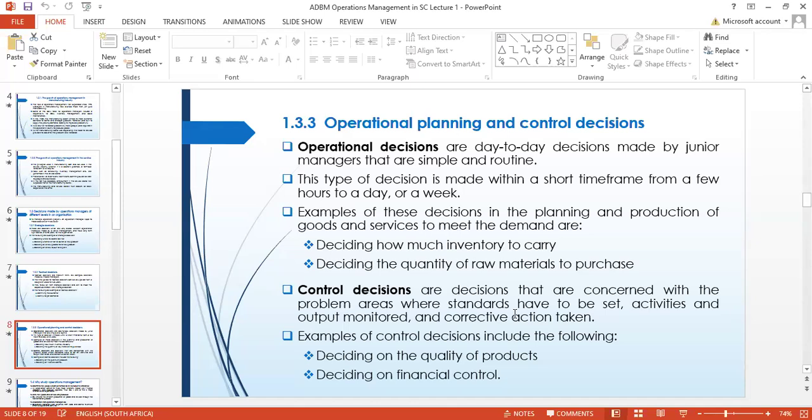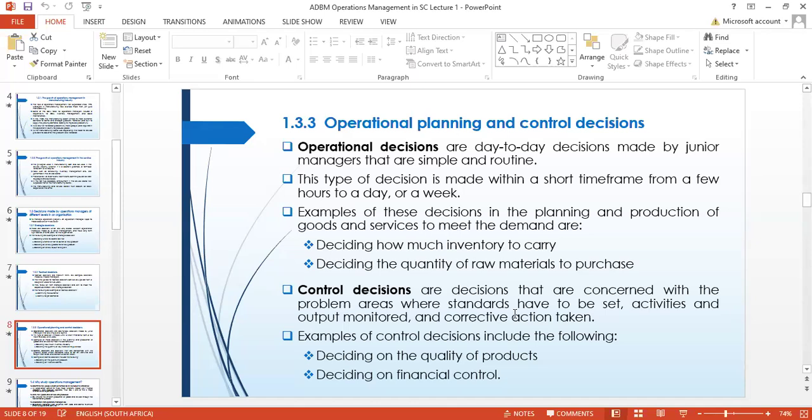Examples of the operational decisions taken by junior managers are seen in the planning and production of goods and services to meet the customer demand. For example, deciding how much inventory to carry, deciding the quantity of raw materials to purchase. Okay, so the mid-level managers have taken what? A tactical decision, identifying the customer.